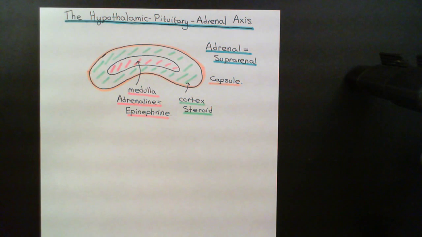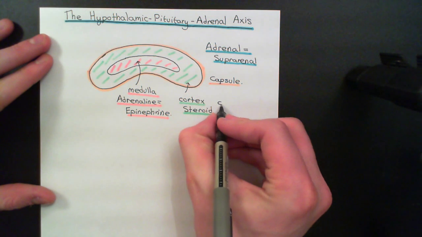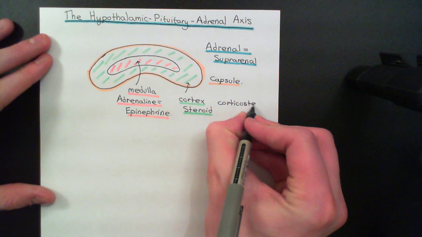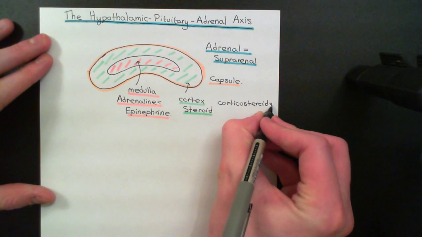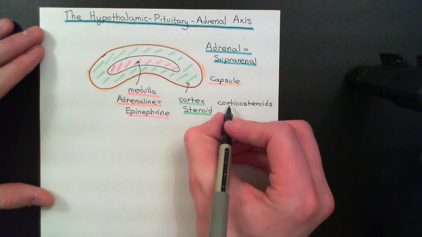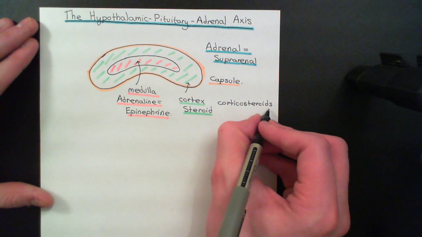Okay? Now, the adrenal cortex produces lots of different steroid hormones. By the way, cortisol is a steroid hormone. You can call it a corticosteroid, and in fact, I'll introduce that term here. People often use the word corticosteroids, and this means the steroid hormones that are produced by the adrenal cortex, because there are other steroid hormones in the body that are not produced by the adrenal cortex, and those would not be called corticosteroids.